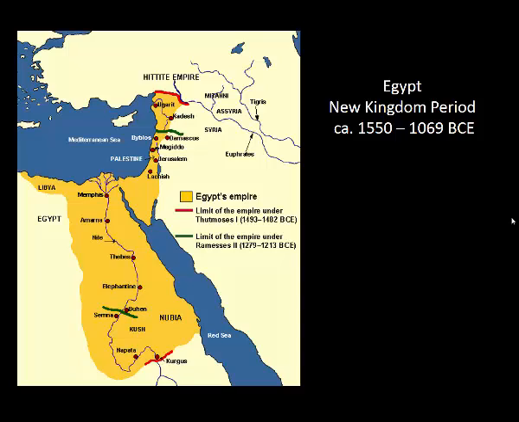Now, what is attributed to this is the development of new weapons and new war techniques, which at the very beginning of the New Kingdom period ensured that Egypt was able to remove any foreign occupation that the Egyptians themselves ruled over the territory, and after that expulsion they took on an imperialist agenda and began to go out to take over surrounding territories to expand Egypt's size as an empire.